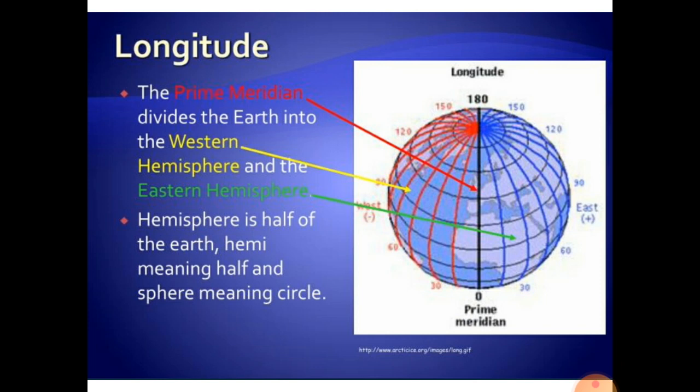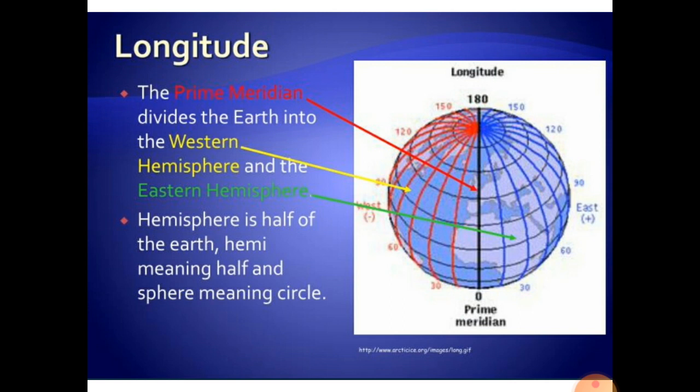The prime meridian is the center, like the equator is the latitude which lies in the center. The prime meridian is the longitude which is the center, meaning 0 degree, and it divides the Earth again into two hemispheres, the eastern hemisphere and the western hemisphere.